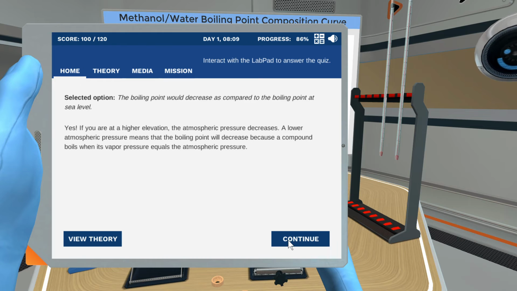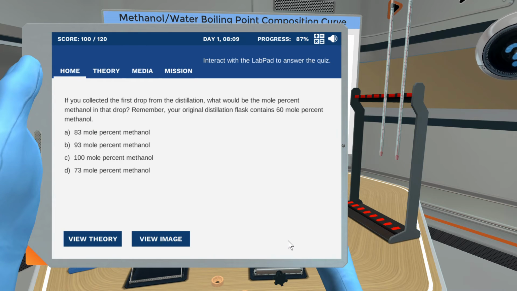Yes. If you collected the first drop from the distillation, what would be the mole % methanol in that drop? Remember, your original distillation flask contains 60 mole % methanol.